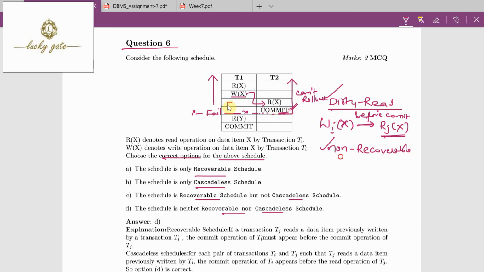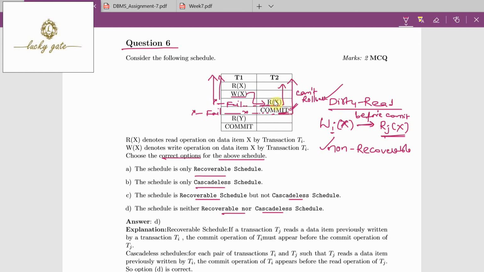Suppose a failure occurs after the read operation but before the commit operation. We have to roll back T1, but rollback of T1 makes the rollback of T2 necessary too. Why?